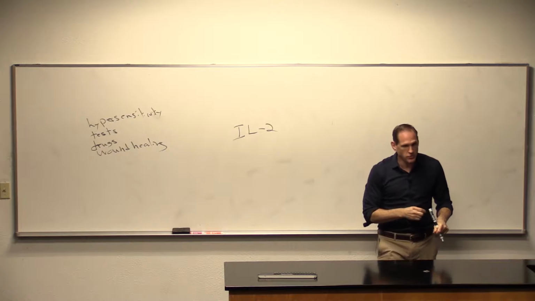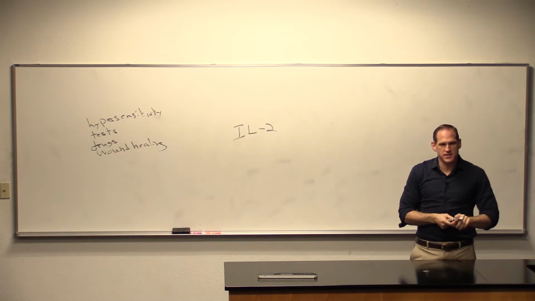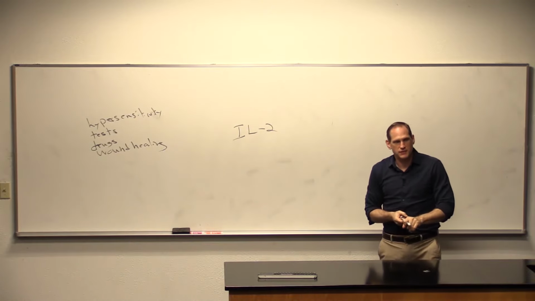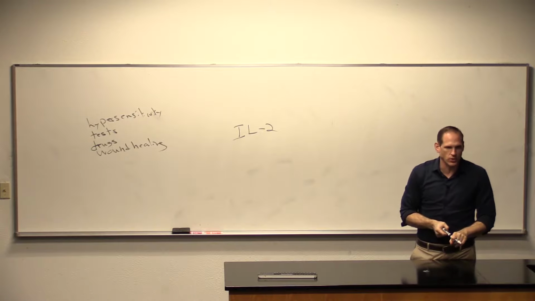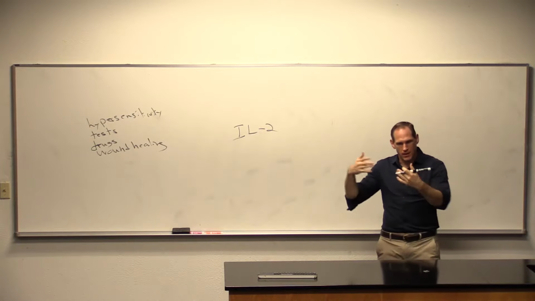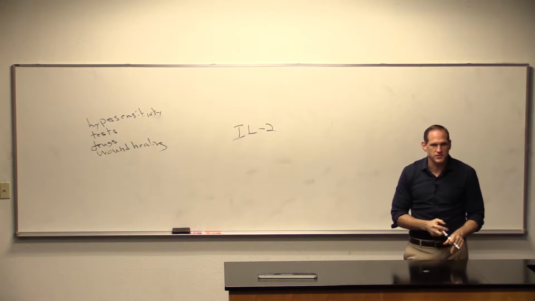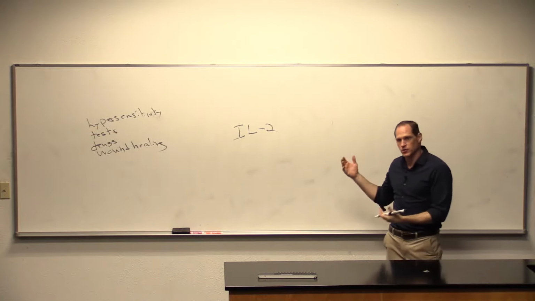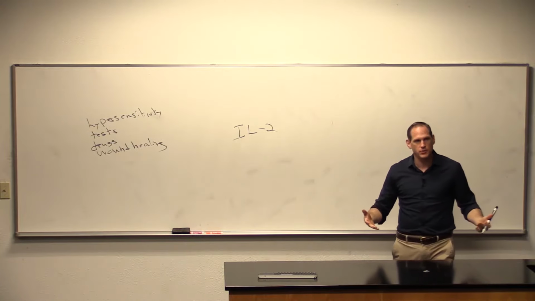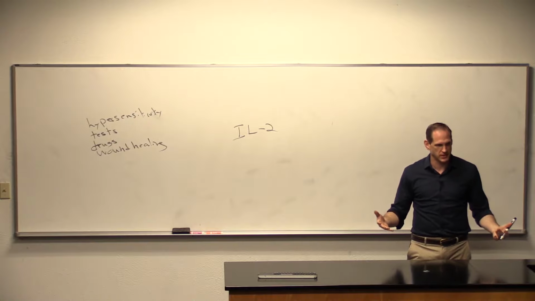So in order to make new T cells, and this doesn't matter whether it's naive T cells that have never been recognized or whether you're proliferating already developed memory cells, it doesn't matter. You need interleukin 2. Without interleukin 2, you can't proliferate. Does that make sense?